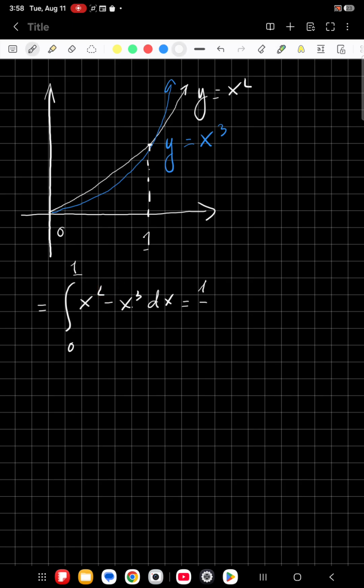So we have 1/3 x cubed, then minus 1/4 x to the 4th. And then we have those two boundaries of integration from 0 to 1.